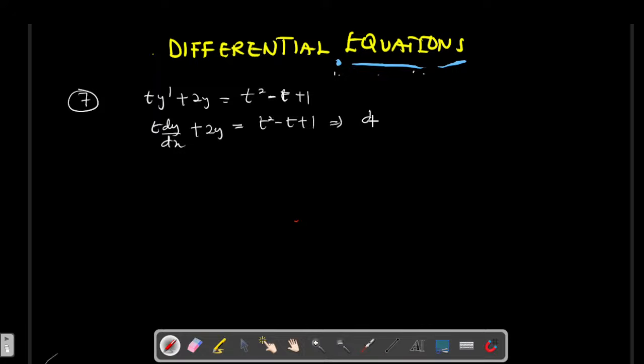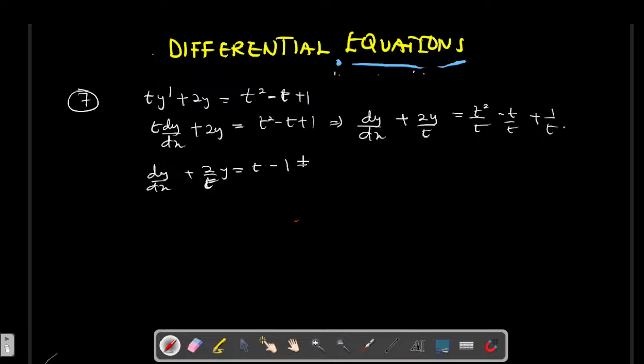We are going to have dy over dx plus 2y over t, right, is equal to t squared over t minus t over t plus 1 over t. Once we've done this, let's write the simplified form. We have dy over dx plus 2 over t times y is equal to, on the right side, t squared over t is t, minus 1, plus 1 over t.